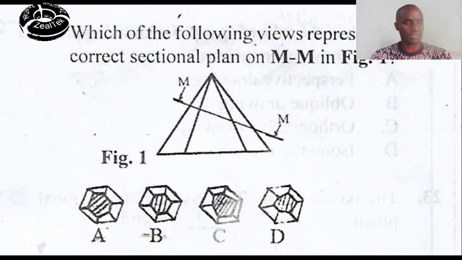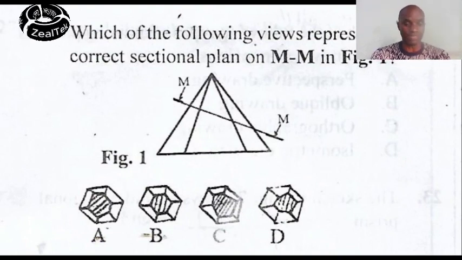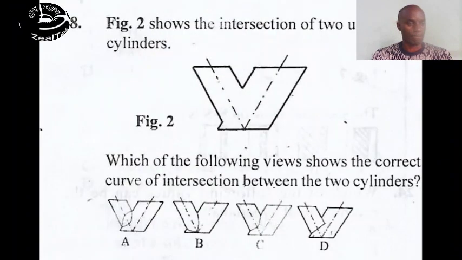Question number 7. Which of the following represents the correct sectional plan of the section MM in figure 1? Right? So the correct answer here is D. So just look at that very closely. Question number 8. Figure 2 shows the intersection of two unequal cylinders. They are unequal.